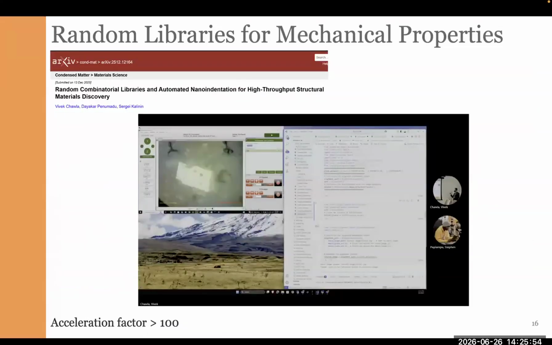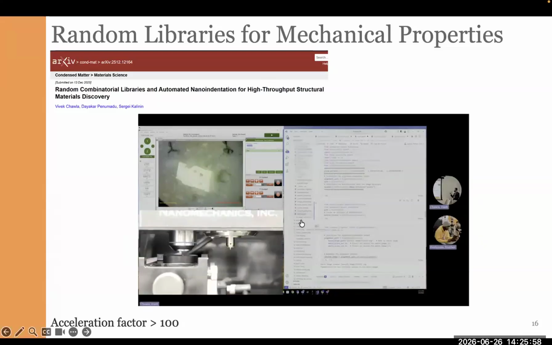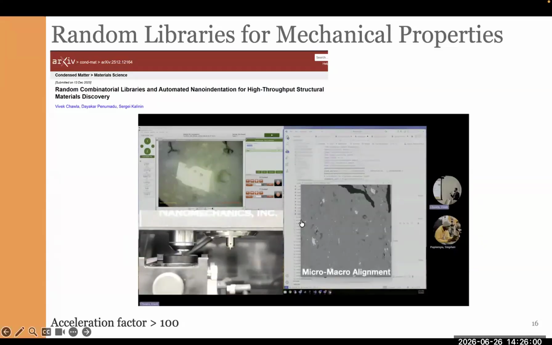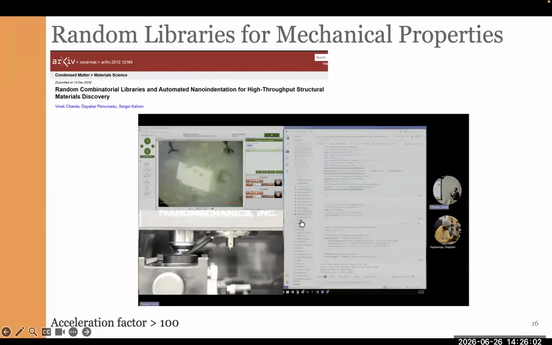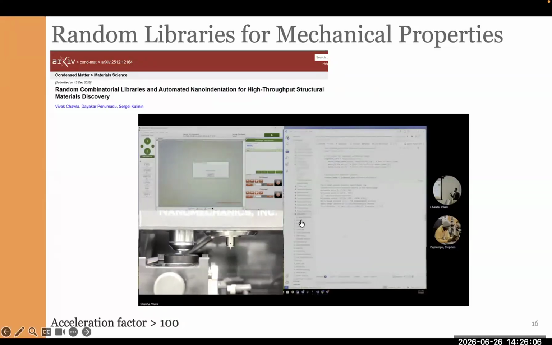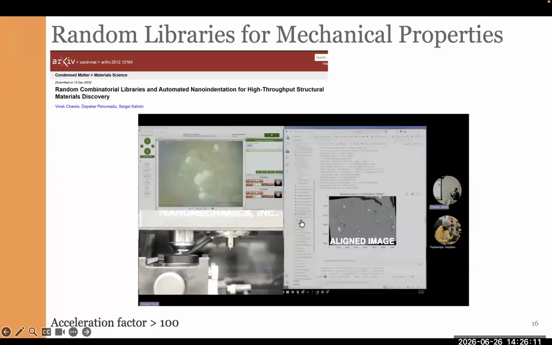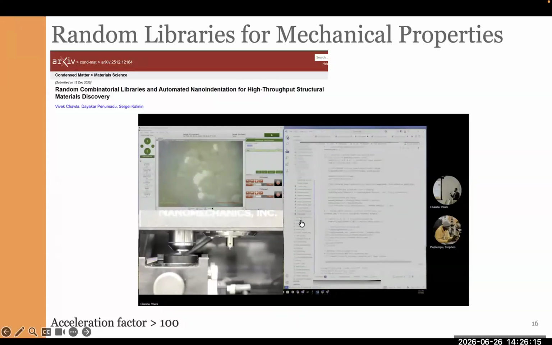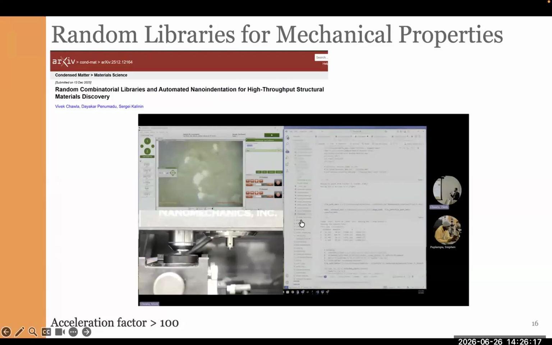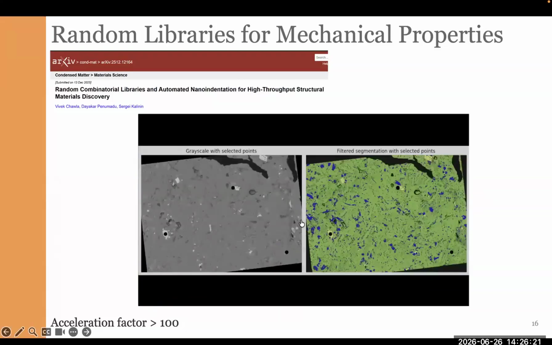Okay, small demonstration. So how does it work for nano-indenter? As you may see, the first step is just to align the EDS map with the field of view of the nano-indenter, because the field of view of the nano-indenter is limited to a few millimeters.